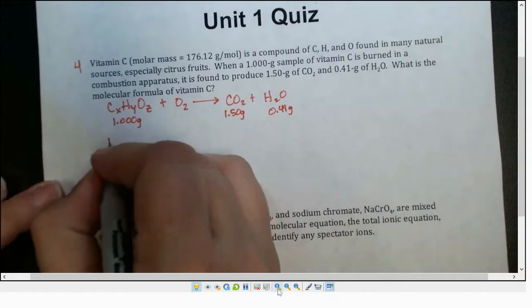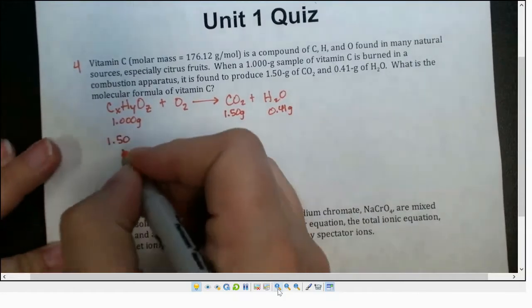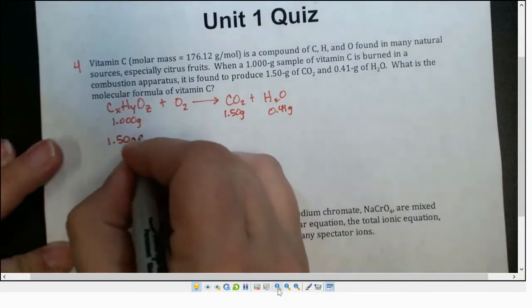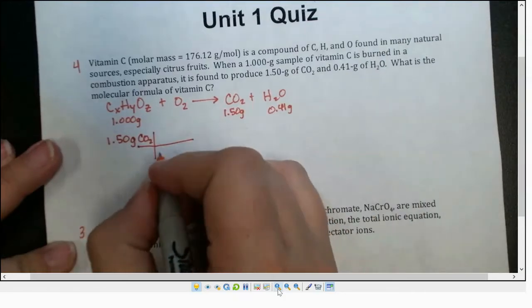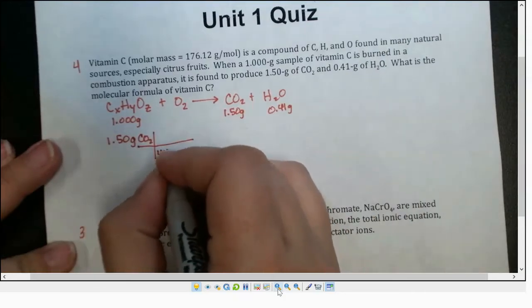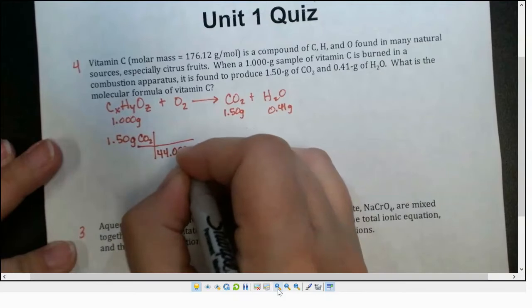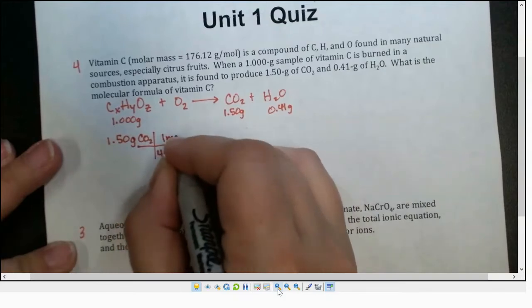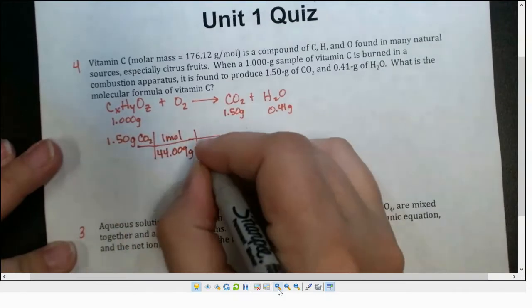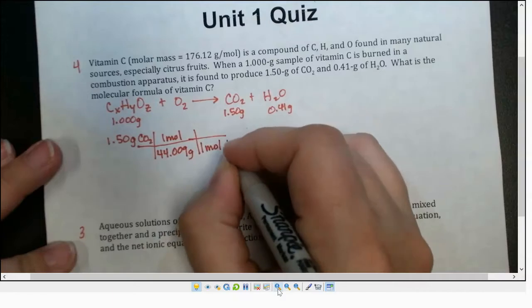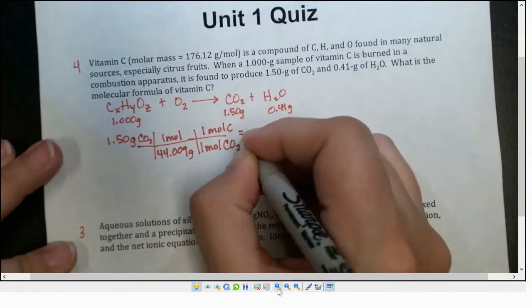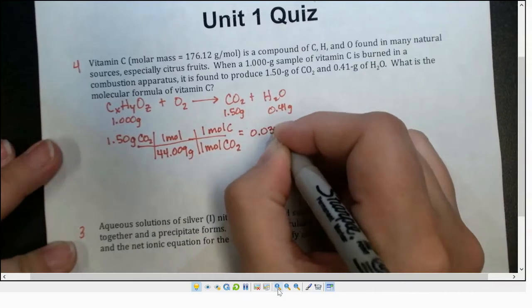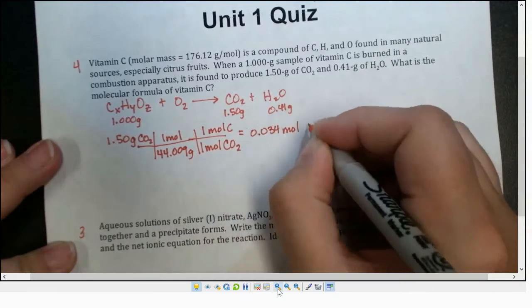So the first step is to convert the carbon dioxide and the H2O to moles of just carbon and moles of just hydrogen. So we'll do that by first dividing by the molar masses, respectively. And then the mole ratio of carbon dioxide to just carbon is 1:1. And for this, I get 0.034 moles of carbon.